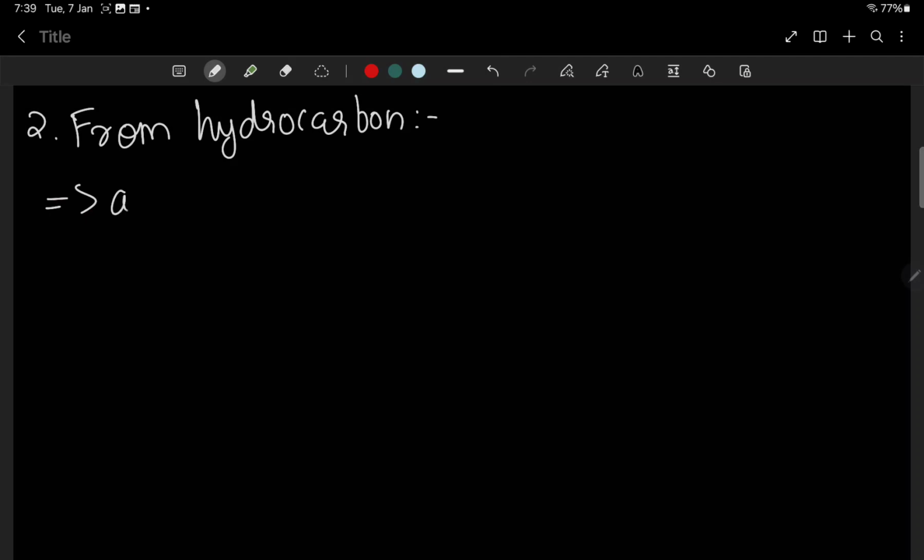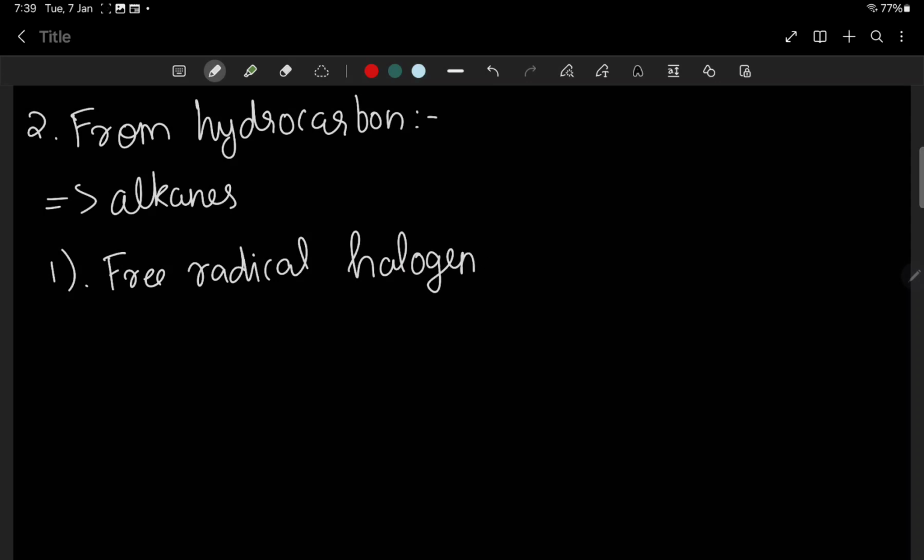Now from hydrocarbon. We can prepare from alkane, alkene, alkyne, etc. The first mechanism is free radical halogenation, the normal thing that we learned in the hydrocarbons chapter.